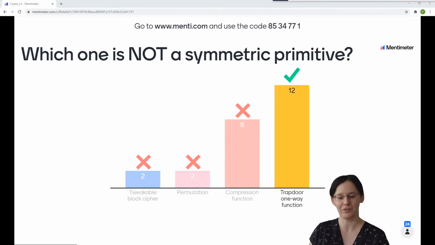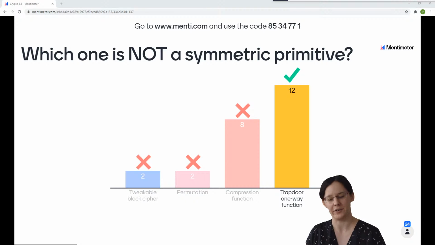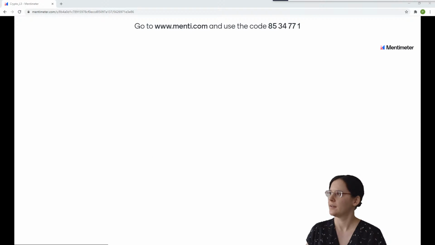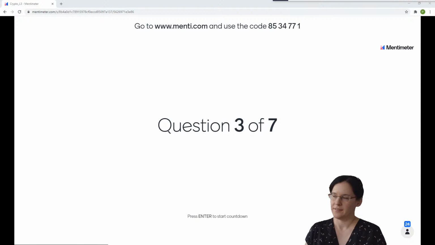So while one-way functions sound quite similar to hashes, they do have this trapdoor, which makes them an asymmetric, not a symmetric primitive. Whereas compression functions are a symmetric primitive used in hashing. Permutations are also nice for hashing, and tweakable block ciphers are nice for encryption modes. Next question.